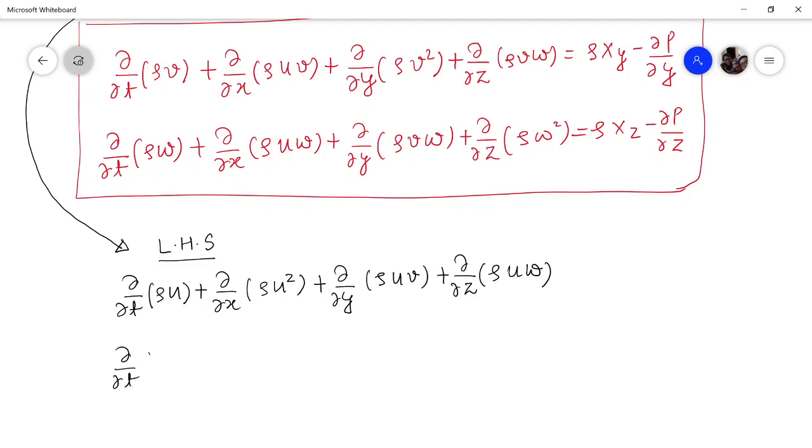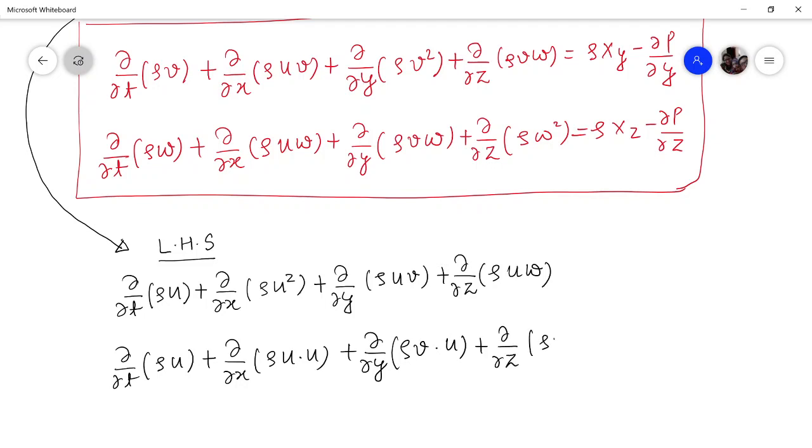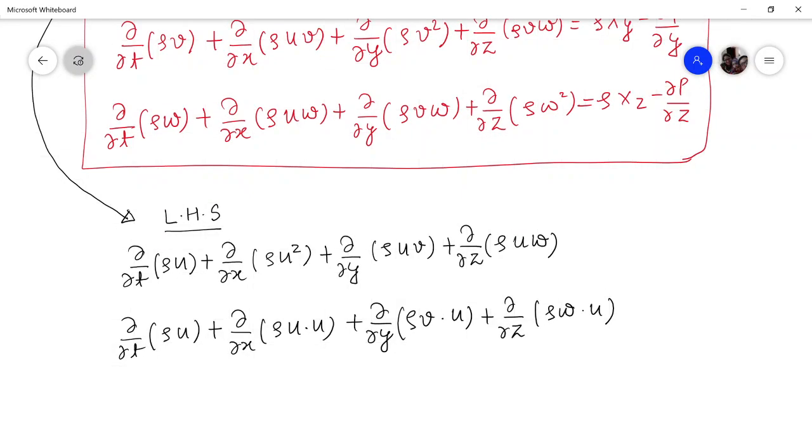Let me write it as ρv, ρw u. Now you know how to differentiate this product: d/dx of AB is A dB/dx plus B dA/dx. So this will be followed.